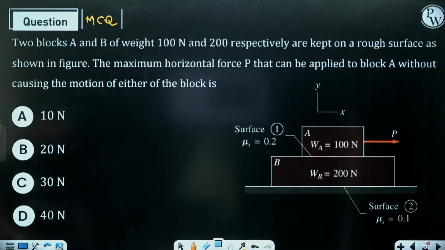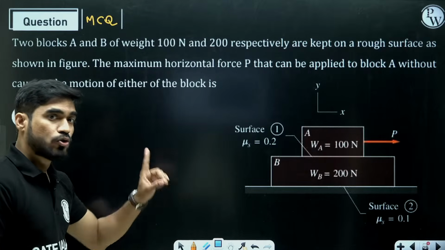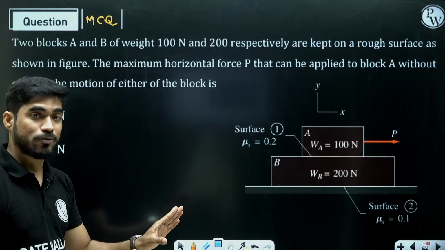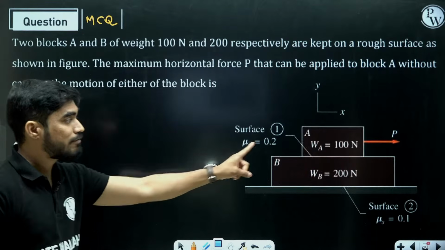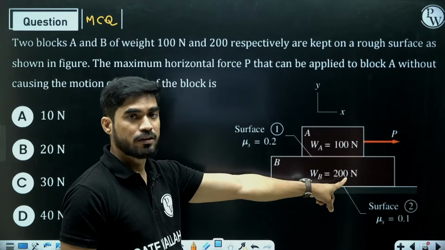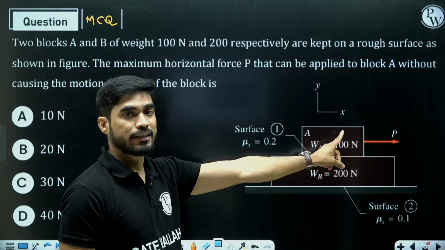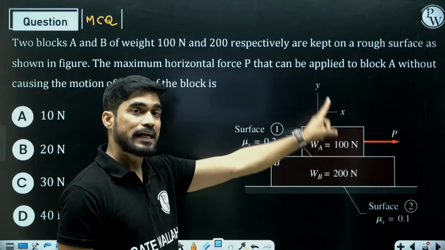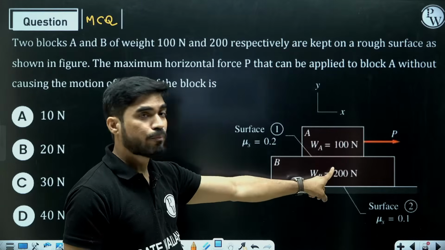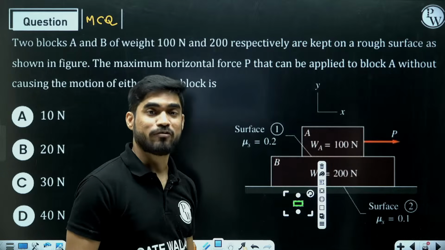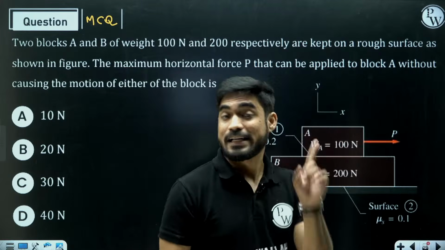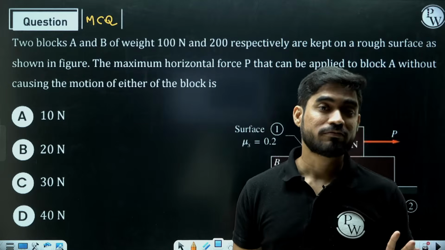If you apply more than 20 Newton, block A will start moving. Block B will not move, but block A will. And if you apply more than 30 Newton, block A and block B both will start moving.